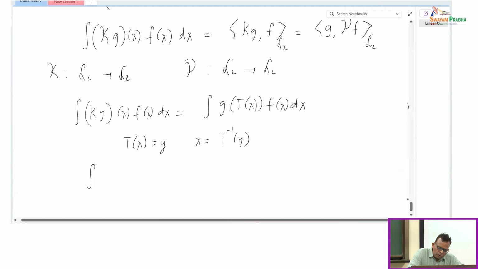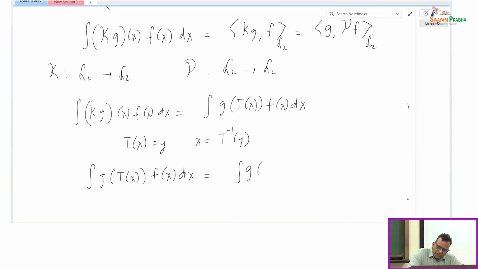So what do you get? This g of T of x, f of x dx is nothing but g of y, f of T inverse of y, and because of the change of variables, dx becomes the determinant of the derivative of T inverse of y, dy.